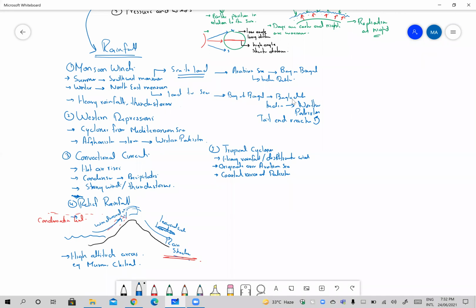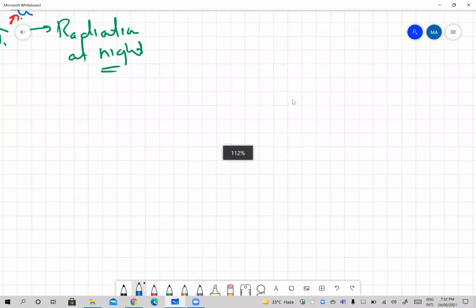Now let's talk about the last climatic element, pressure and winds.